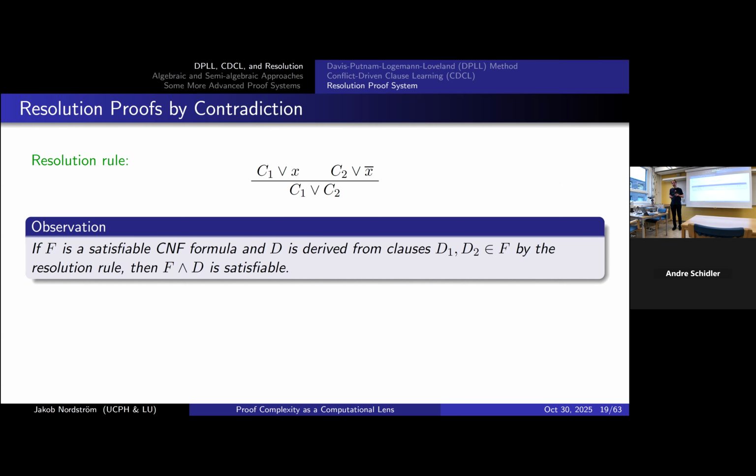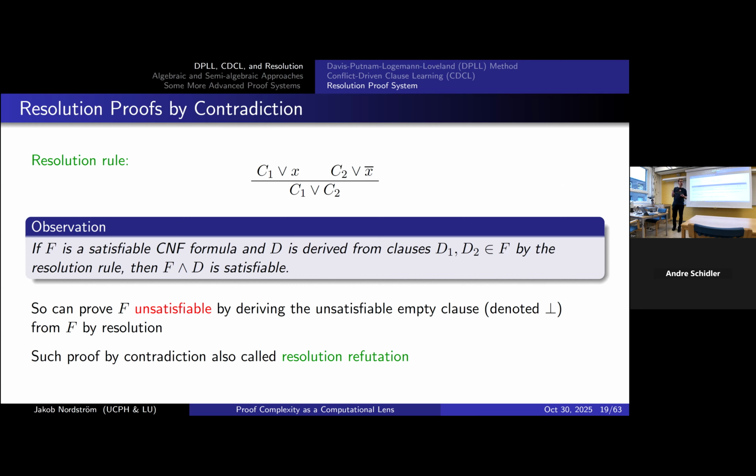So one way of proving F unsatisfiable is to iteratively apply the resolution rule until I derive something patently false, like X and not X. This will be a proof of unsatisfiability, and we'll also call this a resolution refutation.